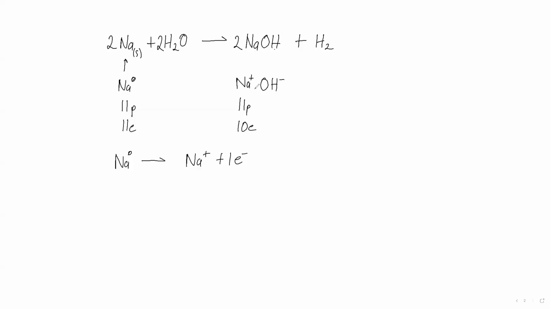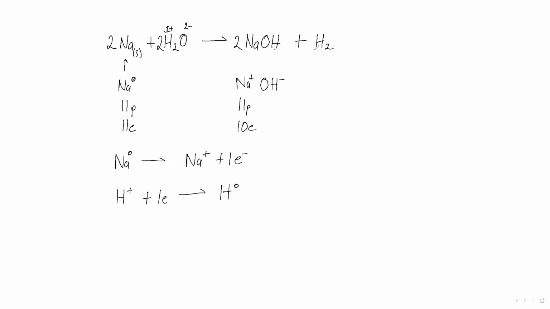And over here on this side, remember, just like before, oxygen is 2 minus and H is plus 1. So H plus plus 1 electron went to H0, because this is molecular hydrogen.